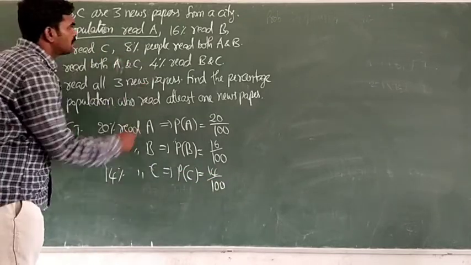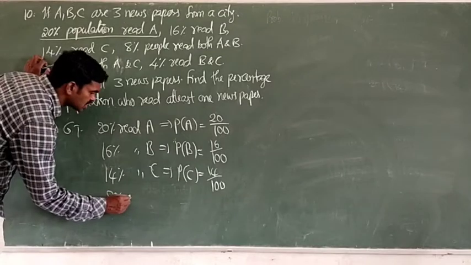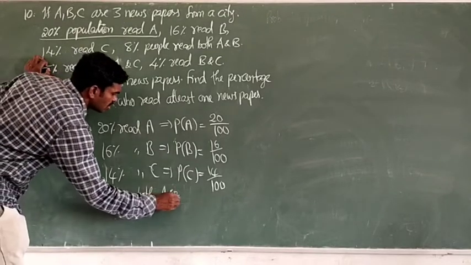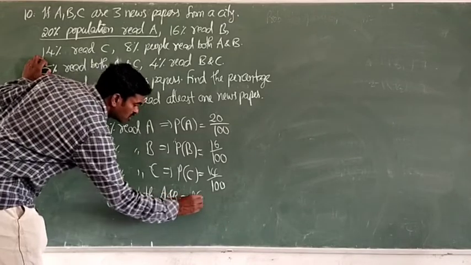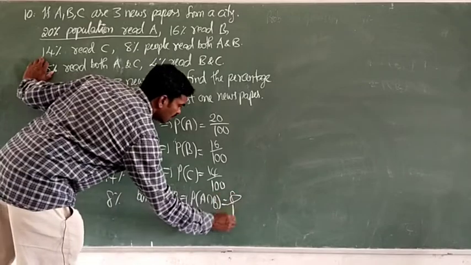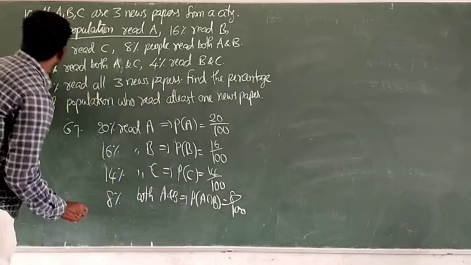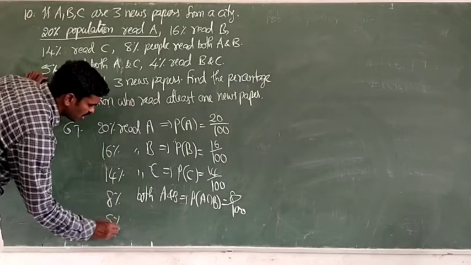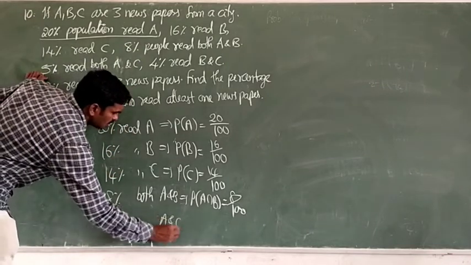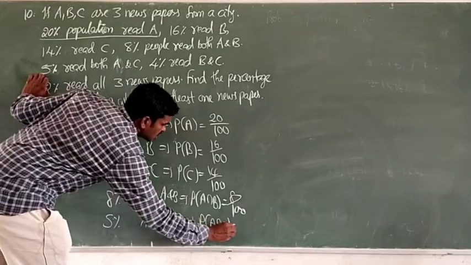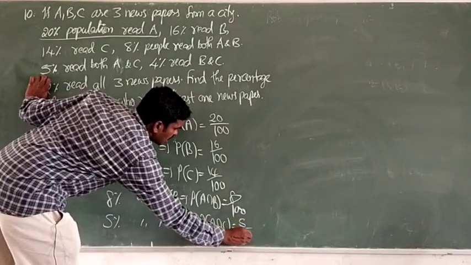Next, 8% read both A and B. That means probability of A intersection B is 8 by 100. Next, 5% read A and C. So probability of A intersection C is 5 by 100.